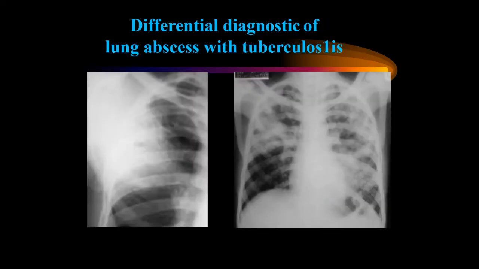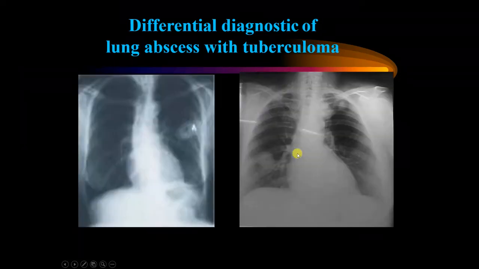The next differential diagnosis can be performed with the lung abscess in the infiltrative or pneumonia stage versus tuberculosis. In this case, you can see multiple shadows on both lungs without a clear focus.